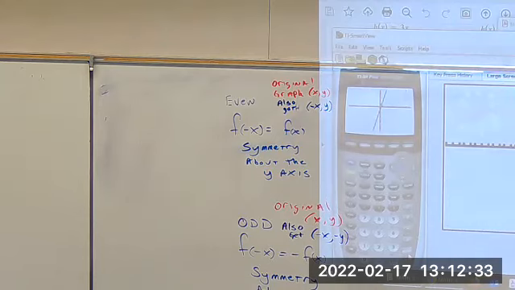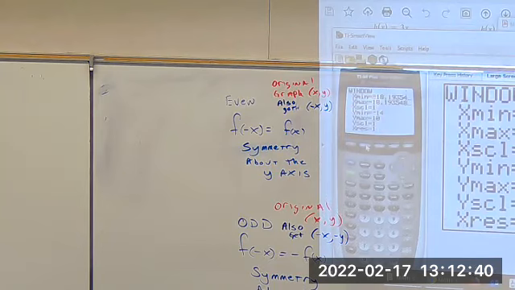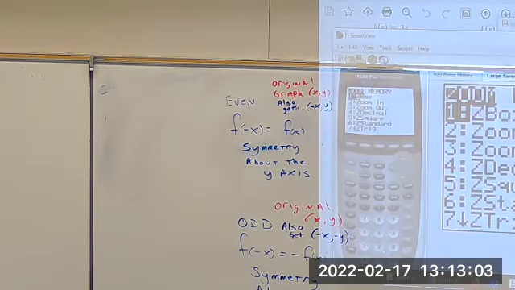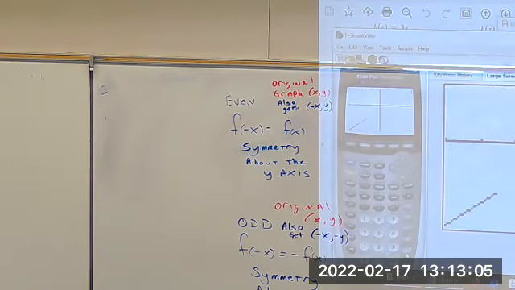It's still, I don't like it. I don't need that much graph. That's too much graph. What's my window? I'm going to make this -3, 3, 1, and then I'll go zoom square. See what happens there.